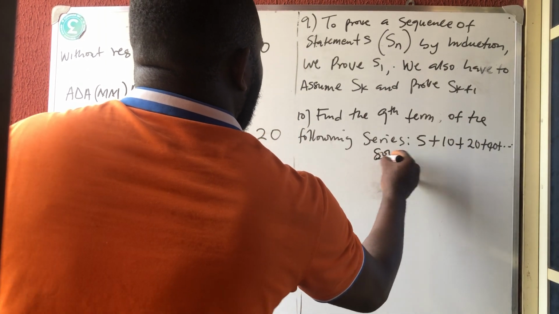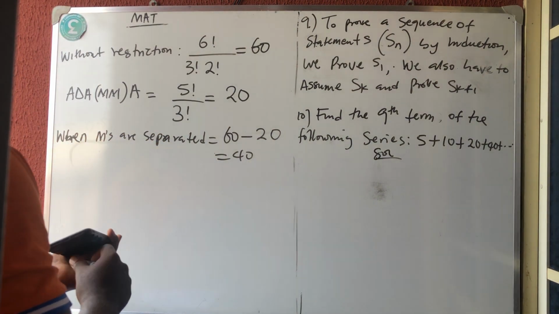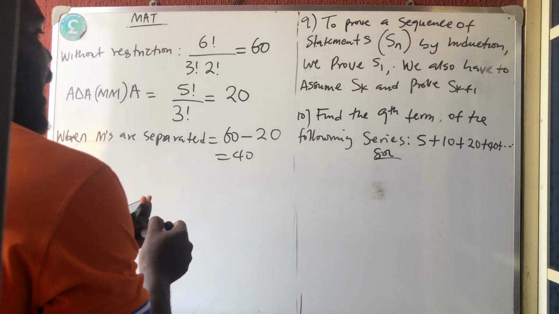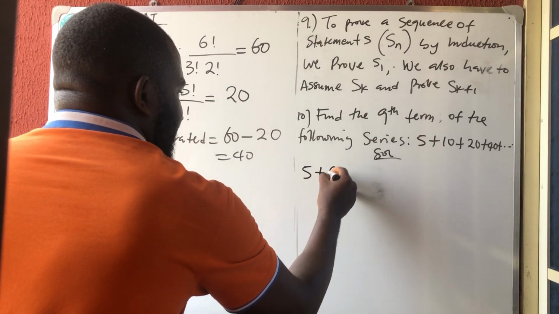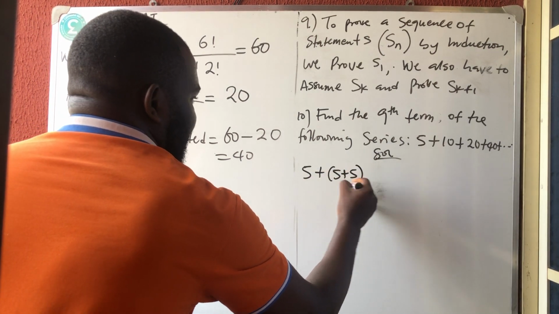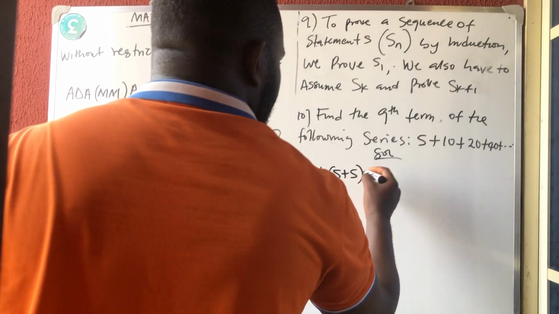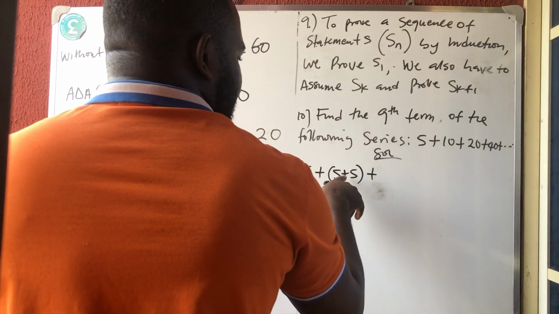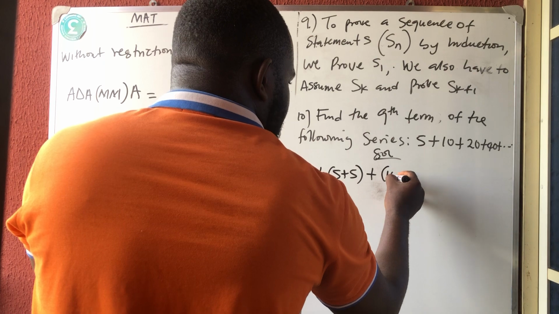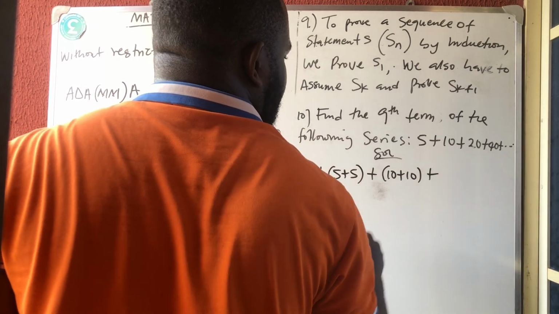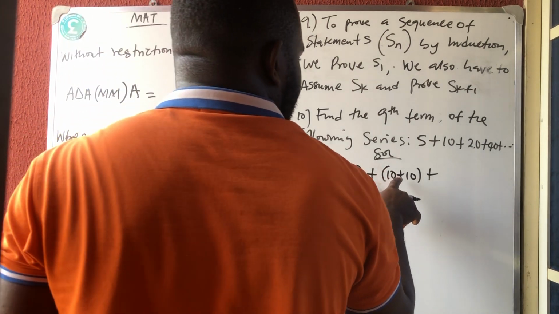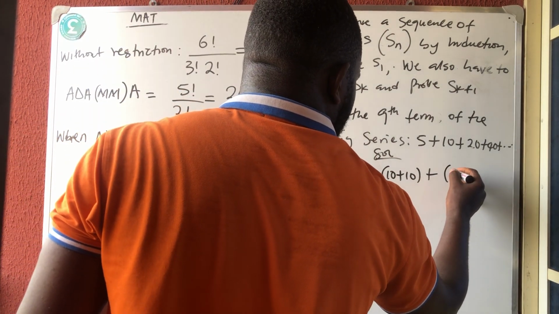Now solution. If you look at this, you will see that in this sequence the first term is 5, then the next term is 5 plus 5, the last answer plus itself. The next term is 10 plus itself, which is 20. Are you getting it? The next one should be 20 plus 20, which is 40.